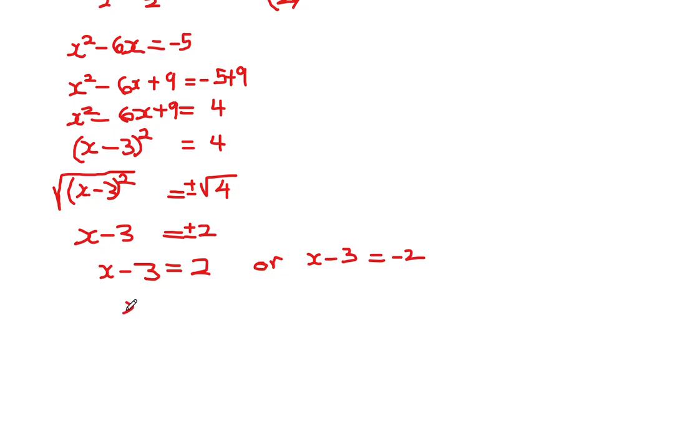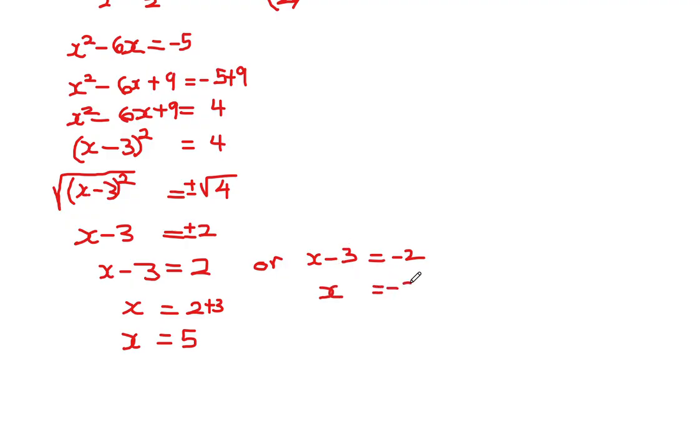So now we're going to solve for x here. x would be equal to 2 plus 3, because the 3 is negative on the left side of the equation, so we're going to add 3 to both sides to get rid of that negative 3. So we end up with x equals 5 as one of the possible solutions. And on the right-hand side of the equation, the same process applies.